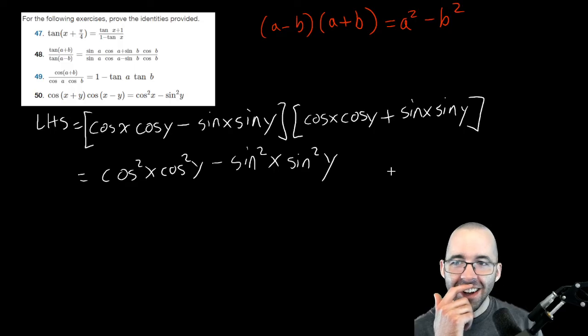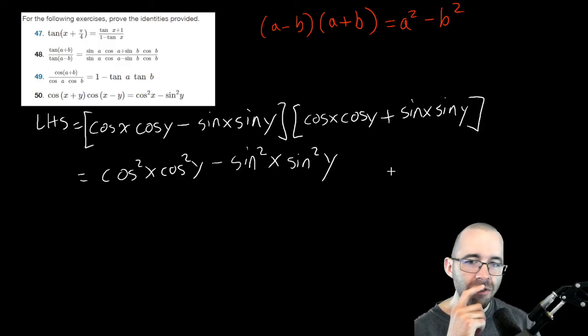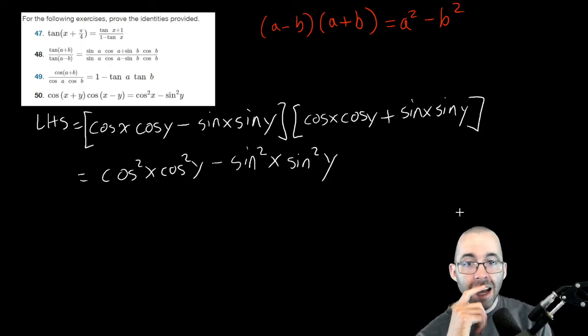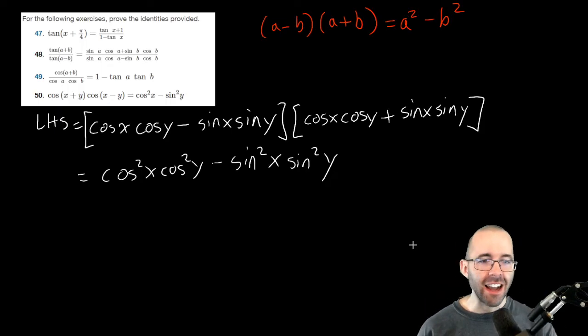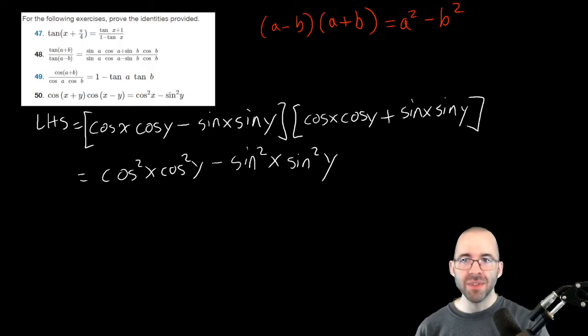All right, I don't see it at a glance. I don't see anything we can factor. Can't use a Pythagorean identity, or can we? Could we maybe use a Pythagorean identity? I don't know if this is the right way, but sometimes it's worth a shot.